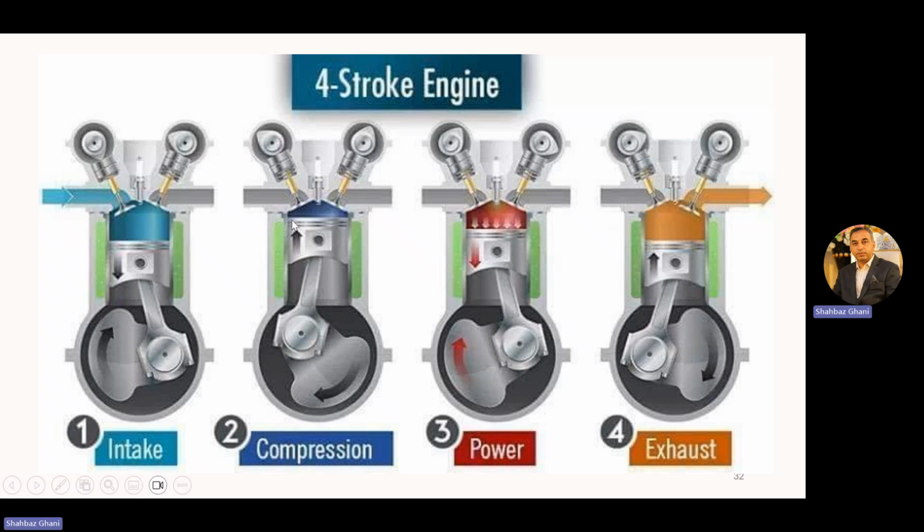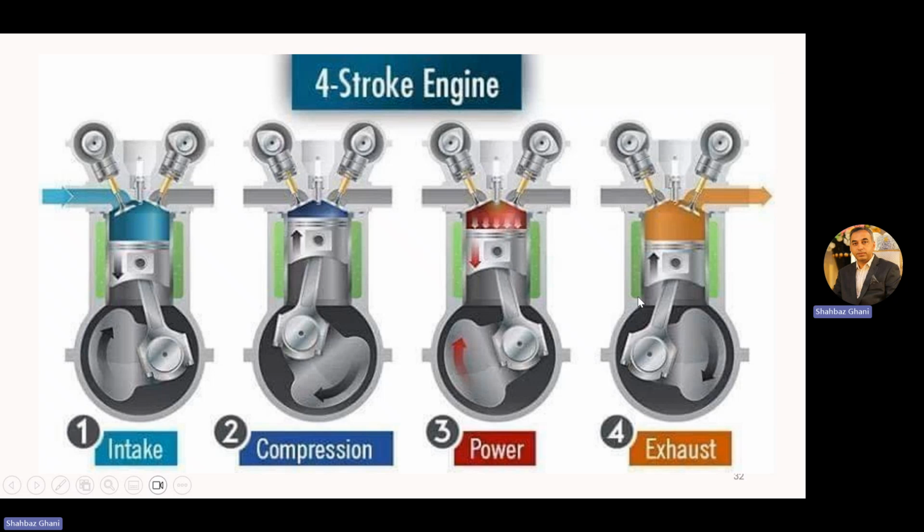The piston reaches TDC. Your compression stroke finishes, and when your piston reaches TDC, you have a spark here and ignition starts, which leads to combustion. And we have a combustion here. Both valves are closed. The piston moving from TDC towards BDC is your power stroke or expansion stroke. When the piston reaches BDC, your power stroke finishes.